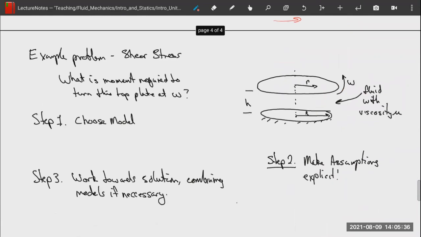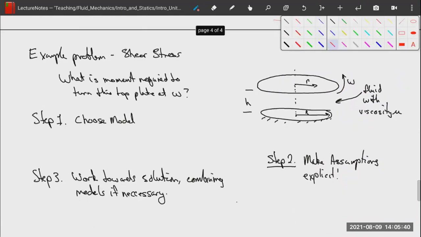What is the moment required to turn this top plate at a velocity omega? So what we have here is two plates on top of each other. Think of this like literally a record being suspended right above a record player, or I guess literally two plates that are separated by a small distance h, right?